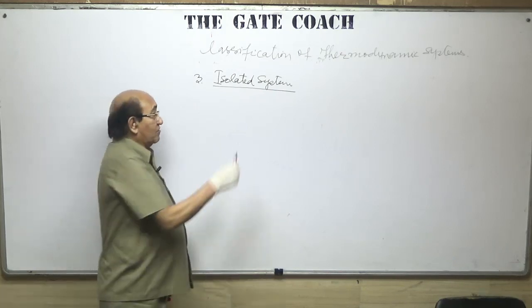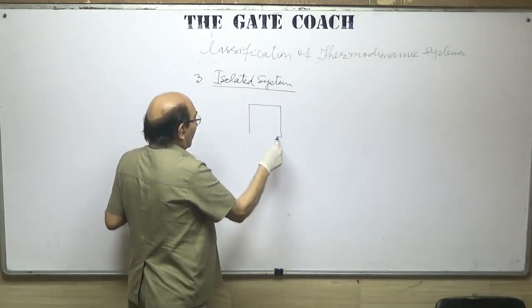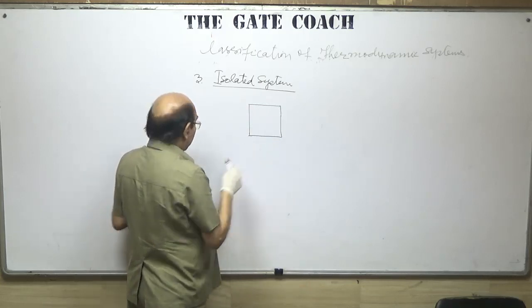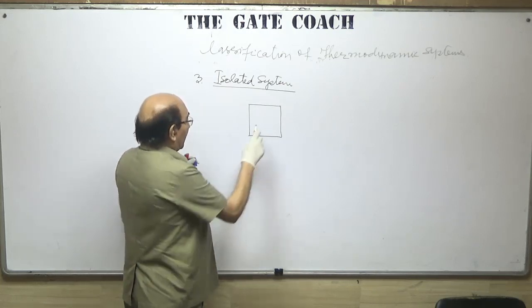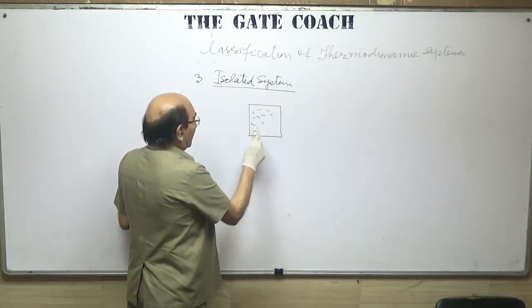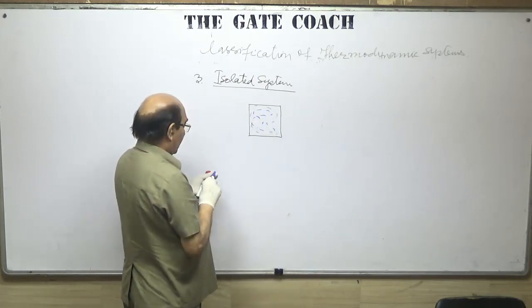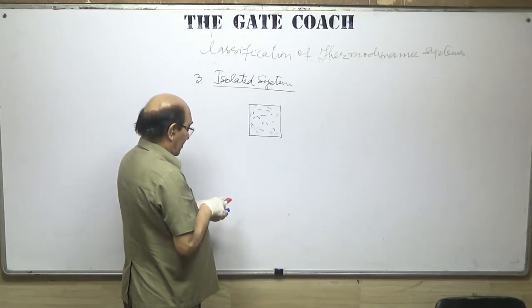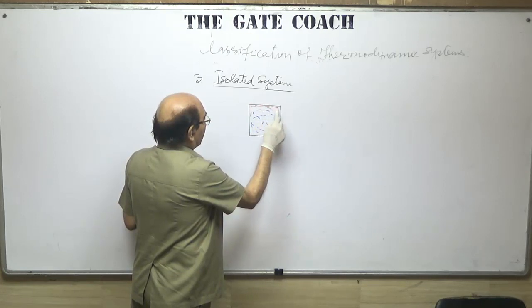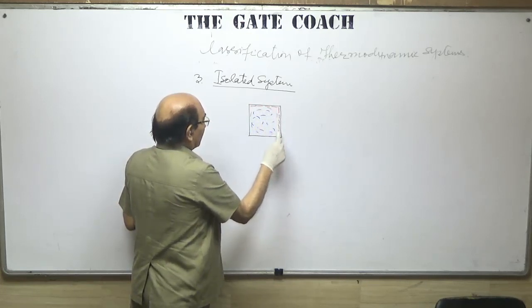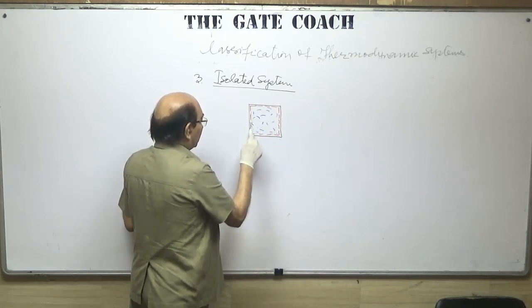What does it mean? Let this be a system having some gas in it. These are the system boundaries. As usual, we try to define these three terms.